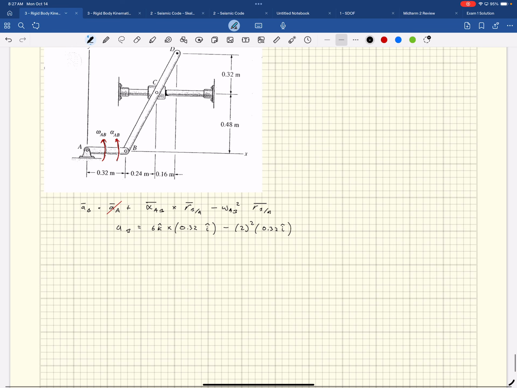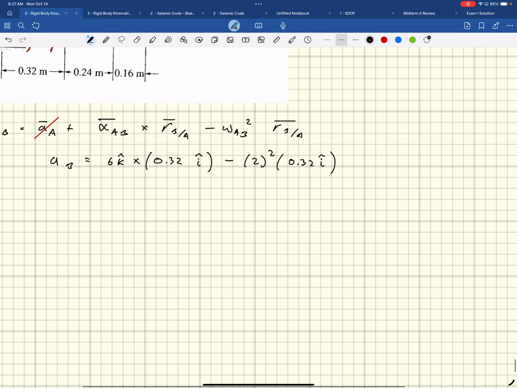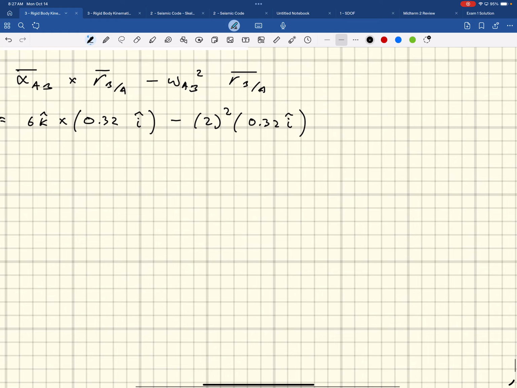Okay, 6 in the K, crossed with 0.32 in the I, minus omega squared, with 2 given to us, times 0.32 in the I direction. If you carry that out, this ends up being equal to negative 1.28 in the I direction plus 1.92 in the J direction.